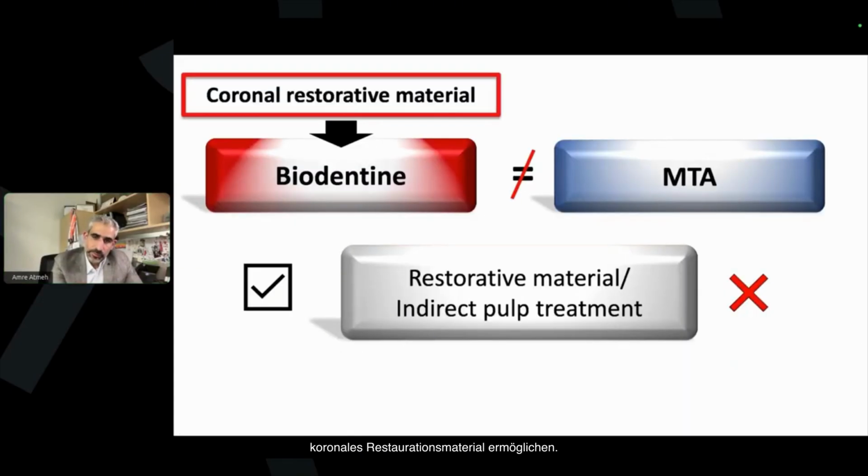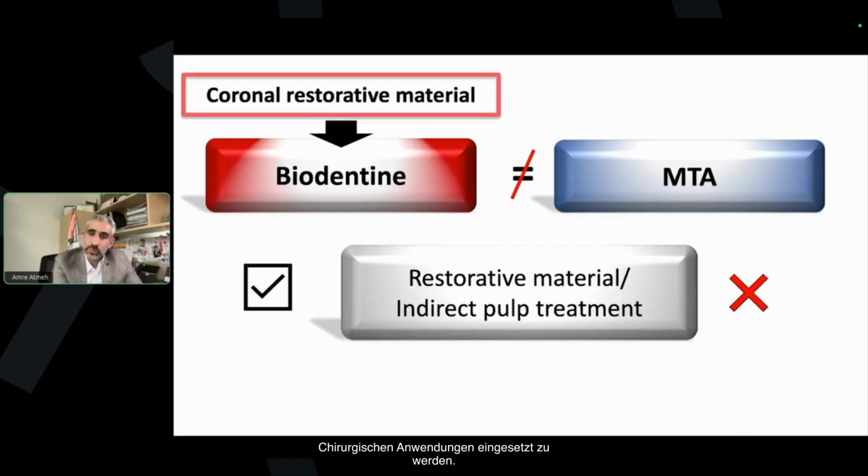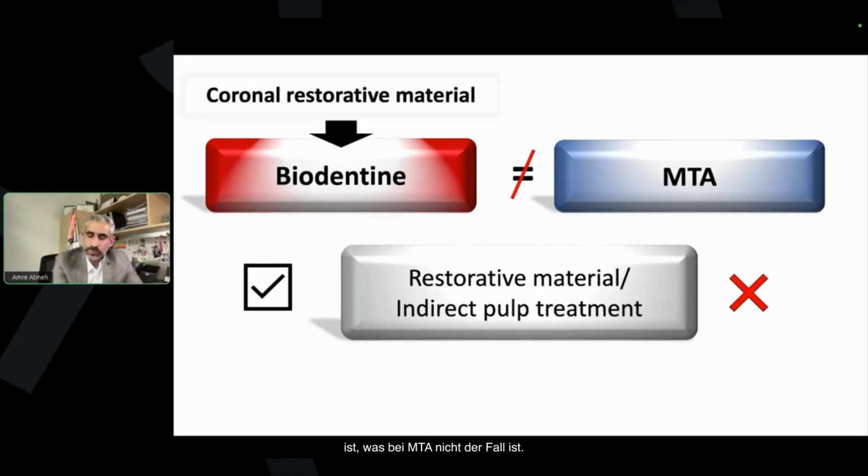Now, in summary of this discussion, if we compare materials like Biodentine with other materials, they are not the same based on the composition, the formulation, and the properties. And that's what gives Biodentine the advantage, or the unique status, as a restorative material, because of these properties that allow it to be used as a coronal restorative material.